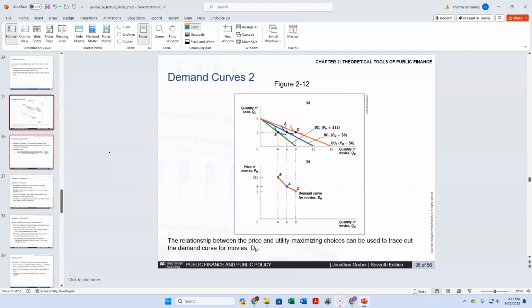And what we can see here is that as I start to derive the demand curve for movies, which means that I lower the price, I keep lowering the price of the good on the x-axis, then my optimal point keeps moving to the right. This graph, which you probably remember from intermediate micro, was how we derived our demand curve, why the demand curve is downward sloping as the price of movies goes down.